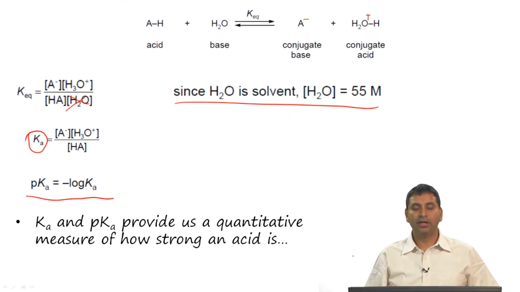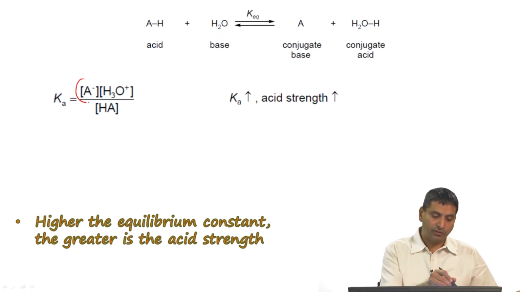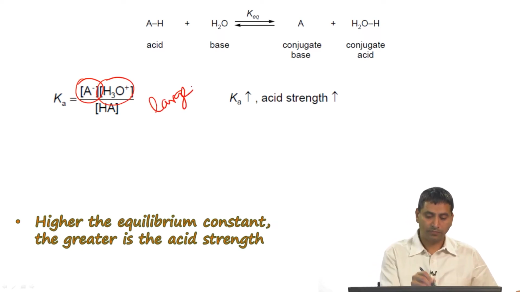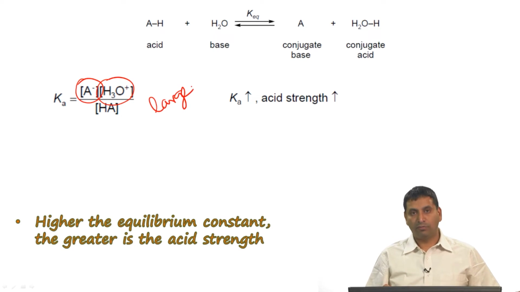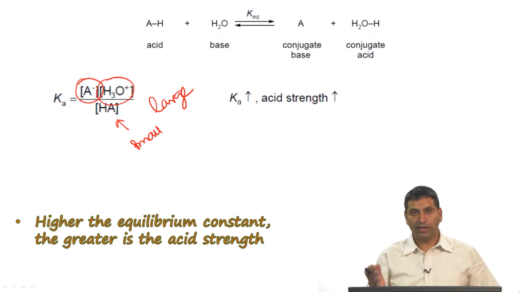Both these numbers, Ka and pKa, provide us a quantitative measure of how strong an acid is. If the concentration of A minus multiplied by the concentration of H3O plus is a large number, which necessarily means that the concentration of HA is small, then together the Ka value would go up.